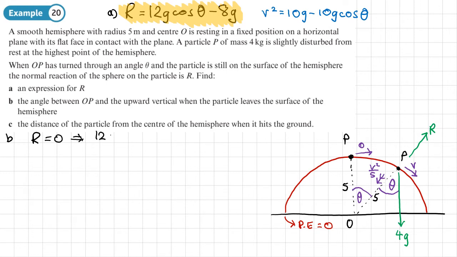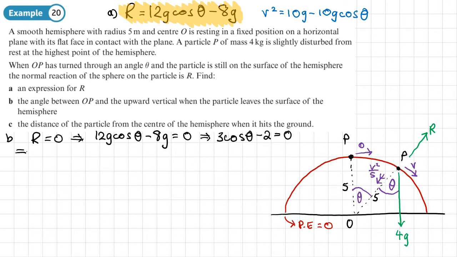So we'll have 12g cos theta minus 8g is equal to 0. We'll divide both sides by 4g, so that we'll have 3 cos theta, not 3g, just 3 cos theta, minus 2 is equal to 0.